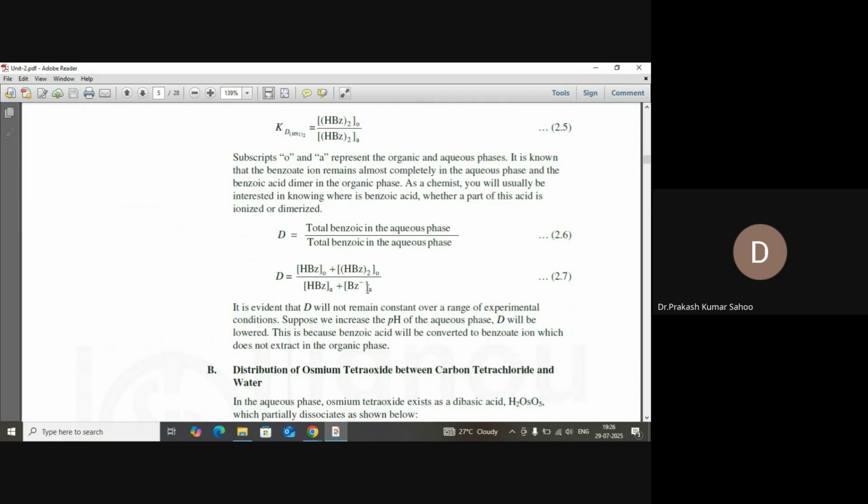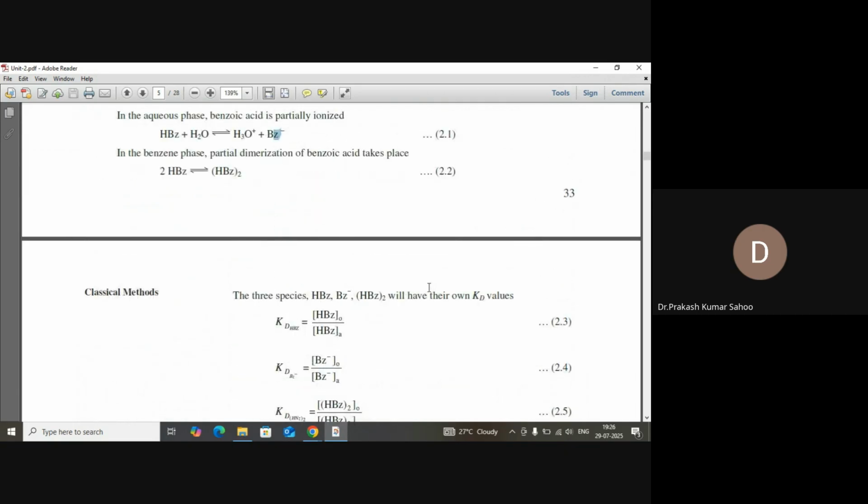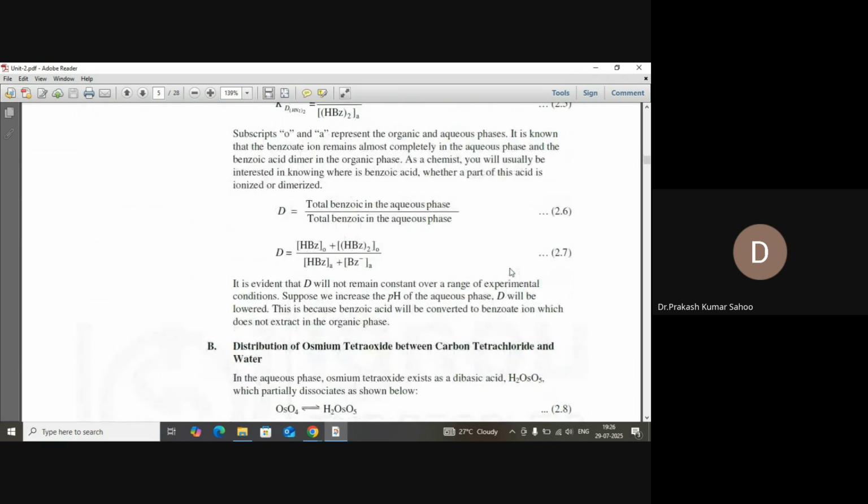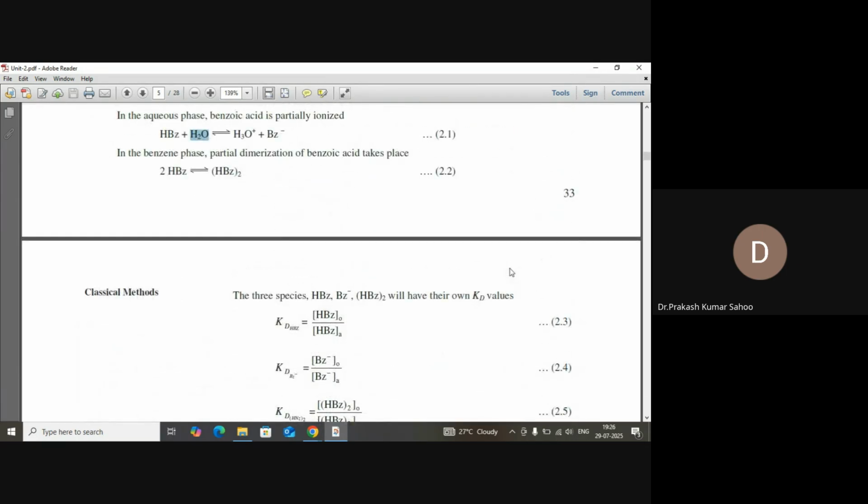Accordingly, we leave out the water concentration and hydronium ion concentration because the water concentration is not taken into account as the amount of water is very high. So in the aqueous phase we have benzoic acid HBZ and benzoate ion BZ minus. In the organic phase we have the benzoic acid monomer and the dimer.